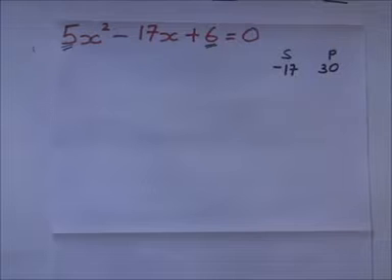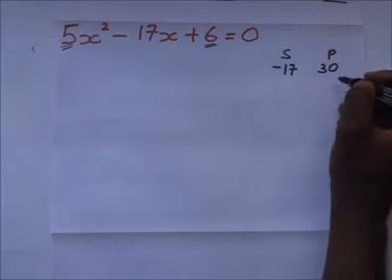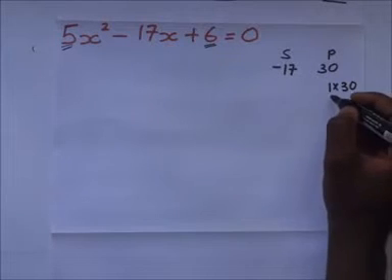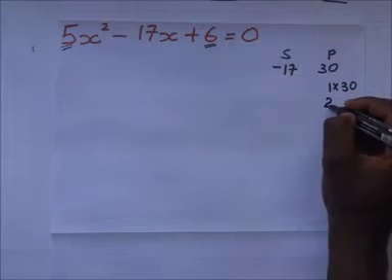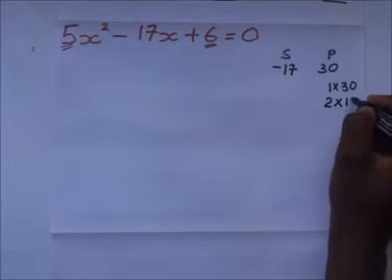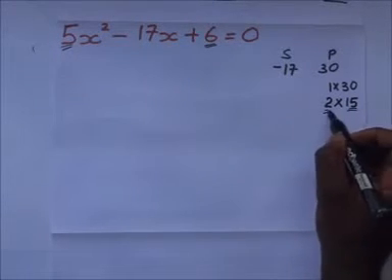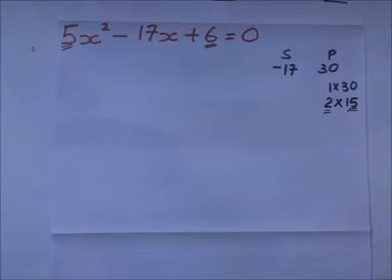Now, from the factors of 30, we have 1 times 30, and we have 2 times 15. If you look at these numbers 2 and 15, we can manipulate them to suit this condition.